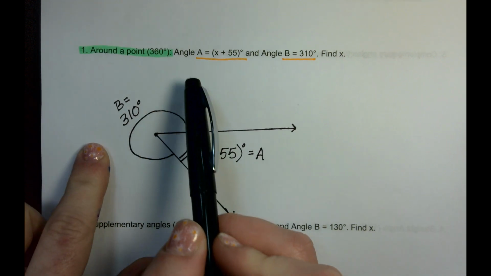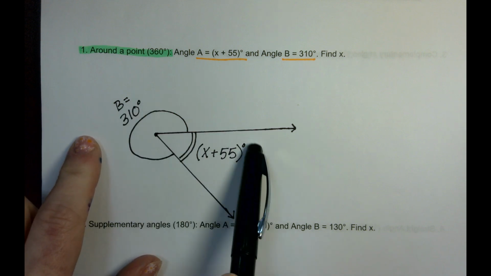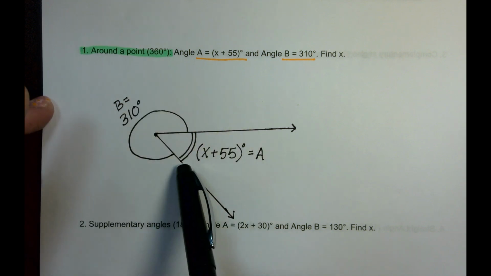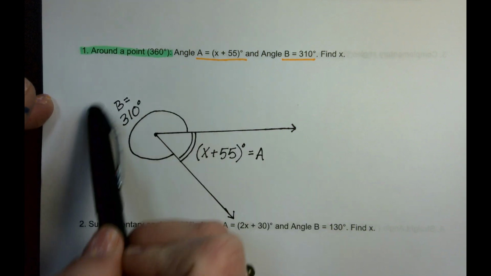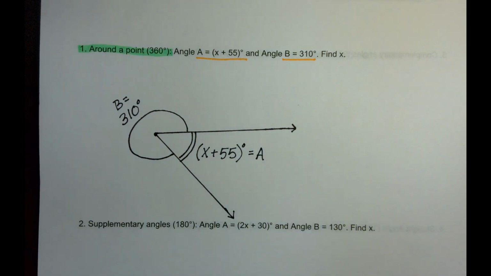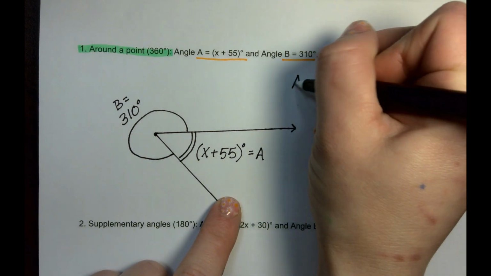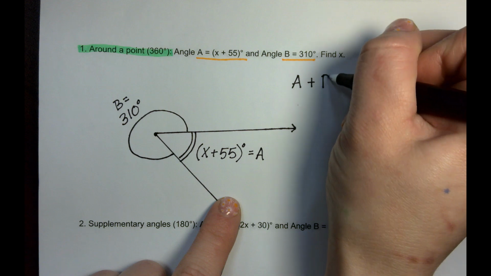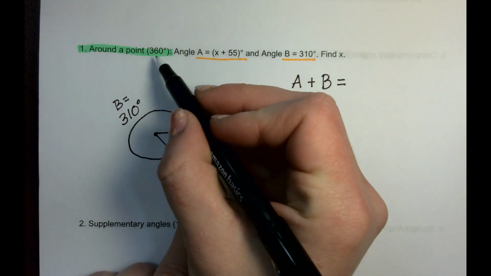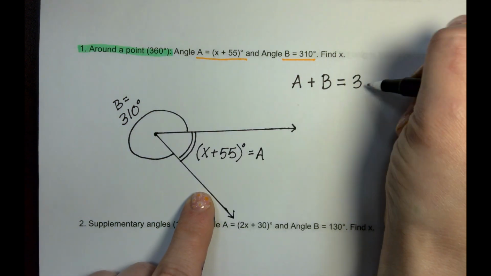Angle A, whatever it is, when I add it to angle B, because they create a full rotation, they're going to add up to a total of 360 degrees. So I'm going to show you what that equation will look like. A plus B equals 360.